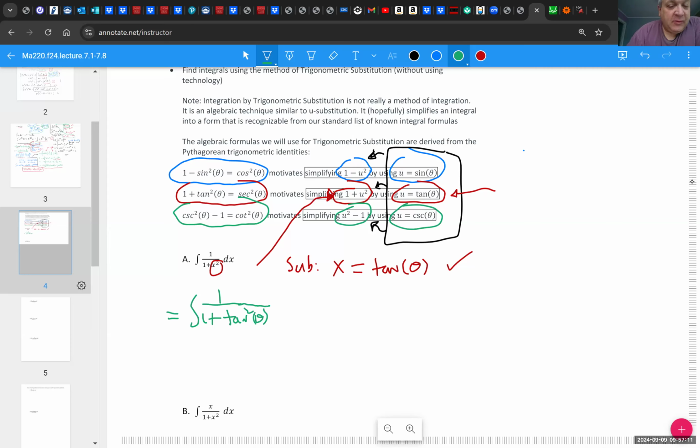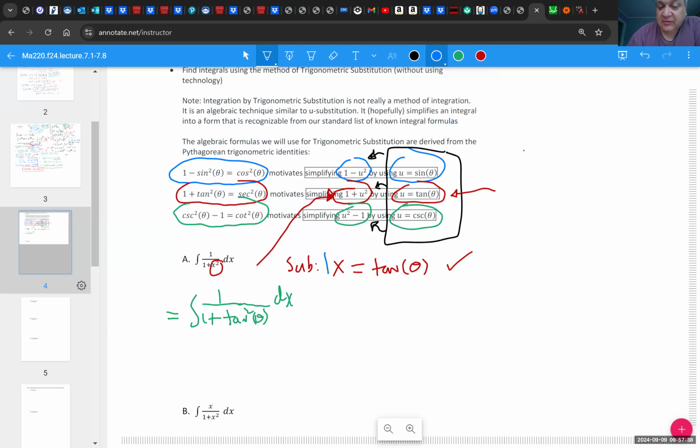If you're remembering the dx's, as I've talked to you about before, you'll notice there's still dx over here, which means we have different variables. We have a theta variable that we just introduced using our substitution, and we still have the x variable trapped inside the dx. Just like in our u substitution, we're going to have to solve for dx to put that in there. In this case, x is the outside variable, and theta is the inside variable.